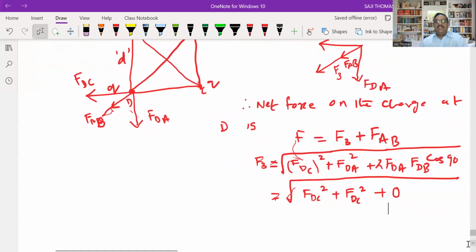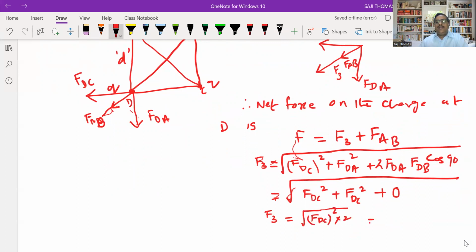So what is the equation? F3 is the root of FDC square into 2, so we can write root 2 times FDC.